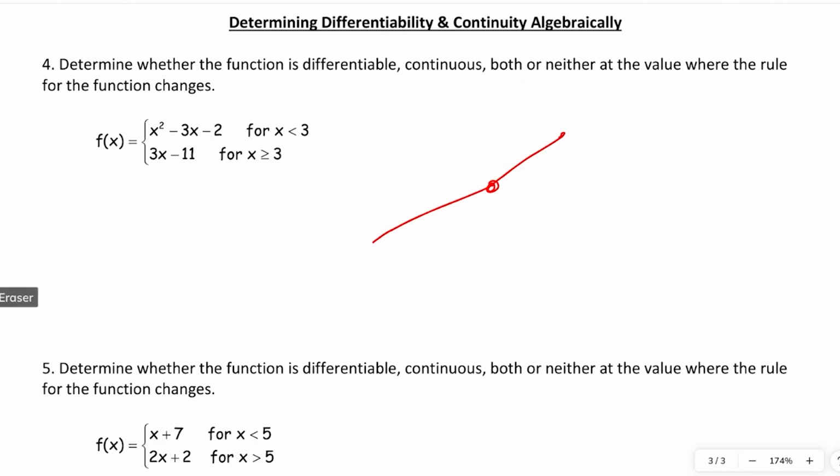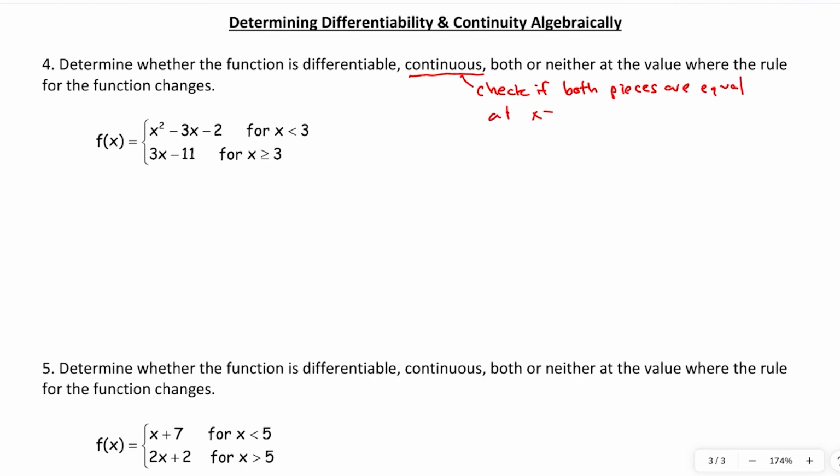That's exactly right. To determine if they're continuous, we're going to check if both pieces are equal at x equals 3. If they're equal, then we'll know it's continuous.